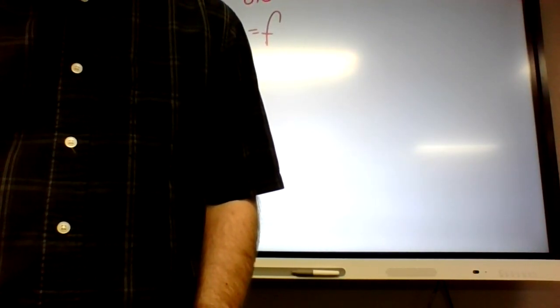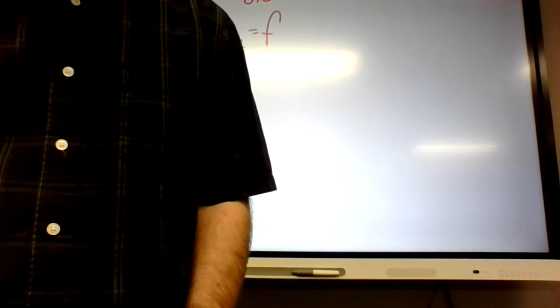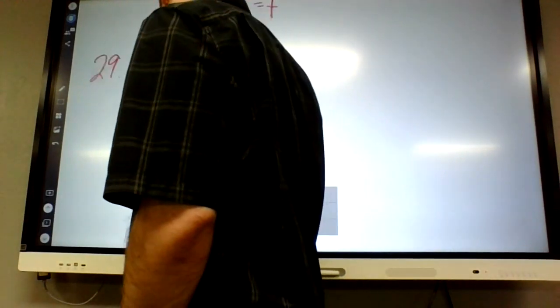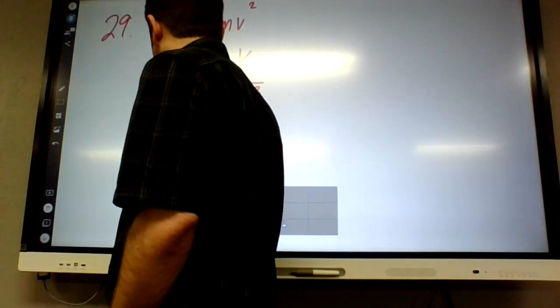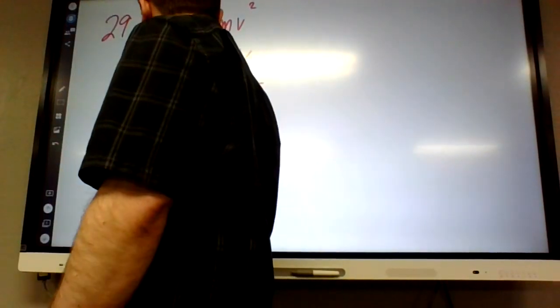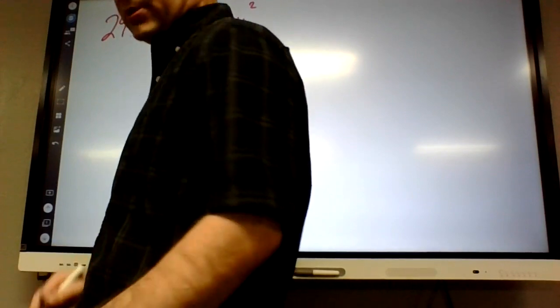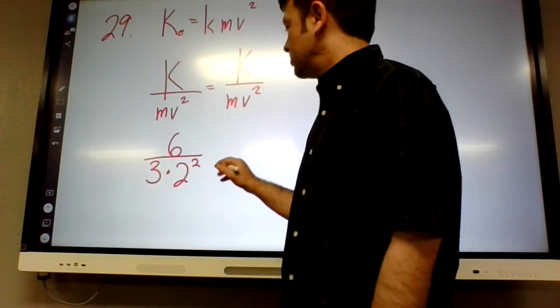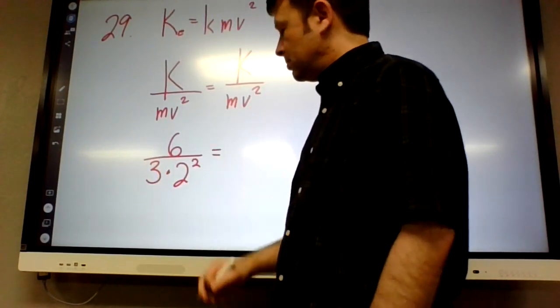Object of mass 3 grams, 6 joules kinetic, traveling 2 meters per second. Okay, 3 grams is the mass. 2 meters per second would be the velocity, so that should be squared. And 6 joules of kinetic energy, that would be the K. And then it says, how much?